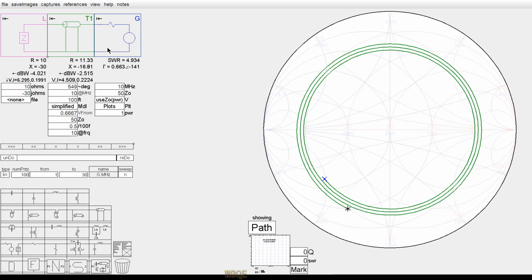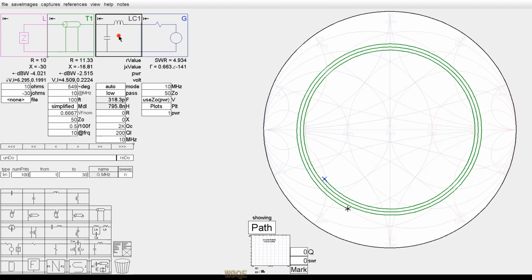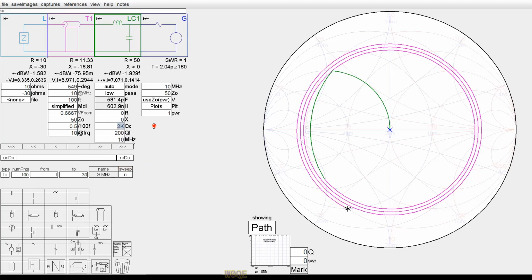What I would have done in the past is I would have put a circuit in here. I would have matched this with extremely high Q components. And now you would see that I'm delivering 22 micro dBW, which is virtually 0 dBW.